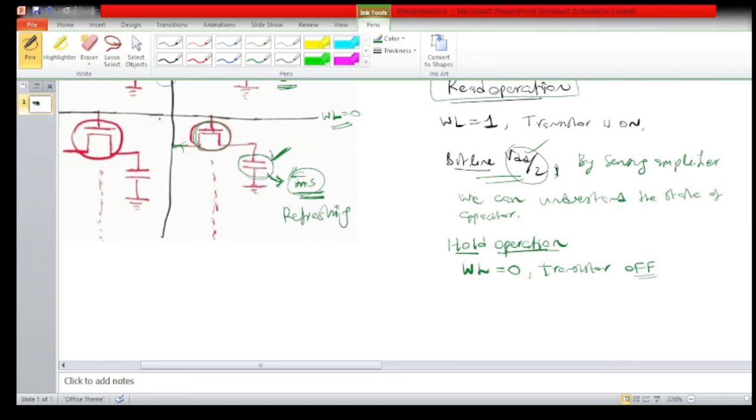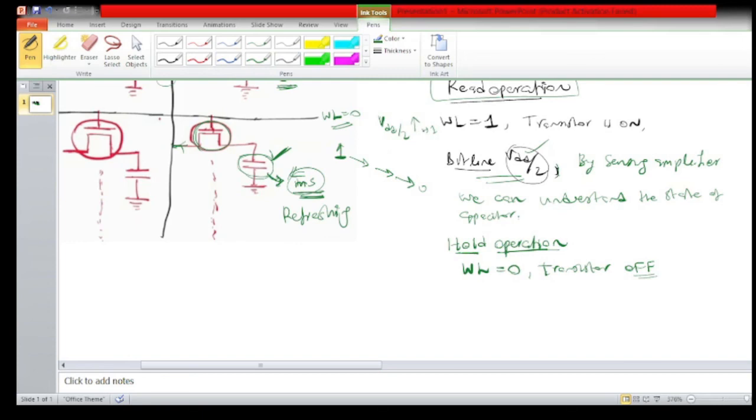As we discussed, for example, the initial state of the capacitor was 1, then it will discharge due to leakage current, and it will become the 0 state, which means that it is not completely discharged. For example, if you consider above VDD by 2 as 1, and below VDD by 2 as 0.